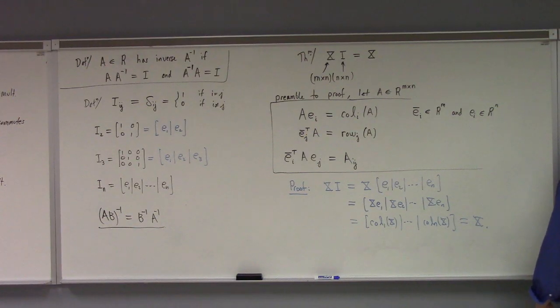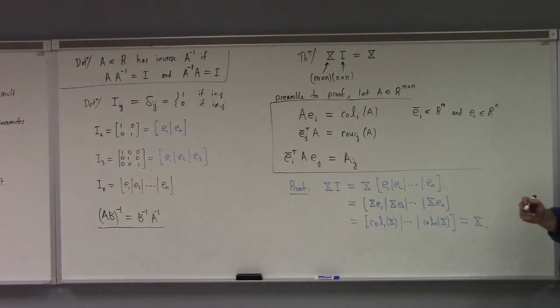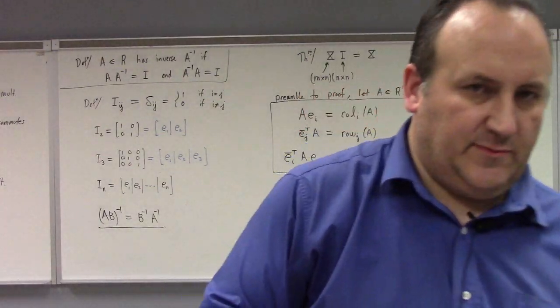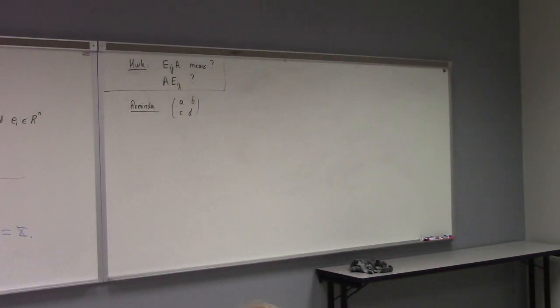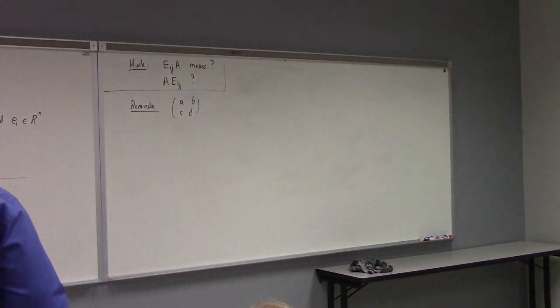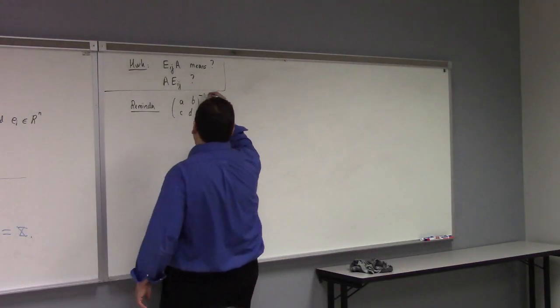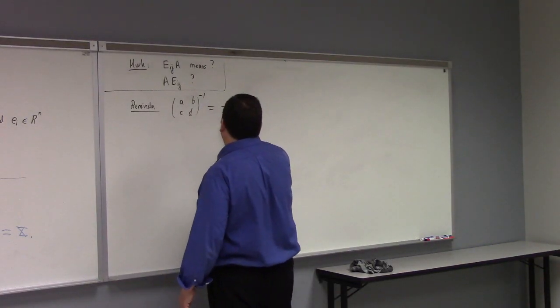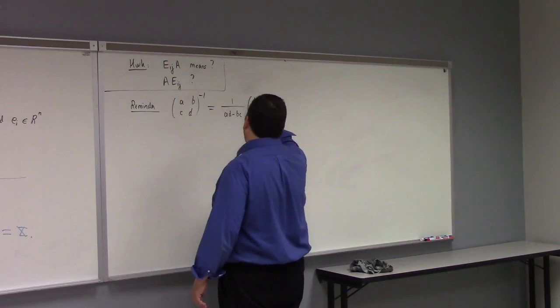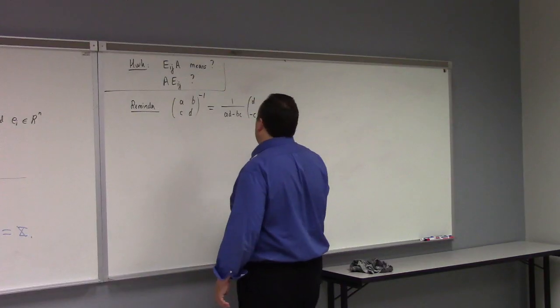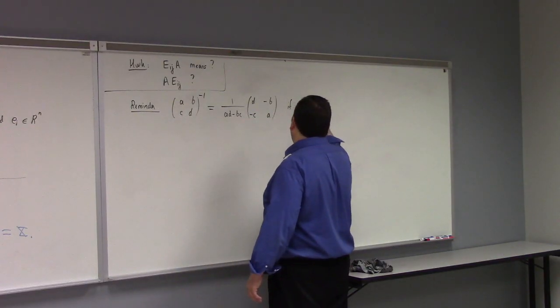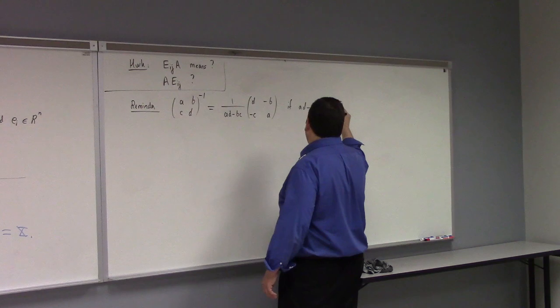Reminder, if we have a 2 by 2 matrix with entries A, B, C, D, the inverse of this, remember, is 1 over AD minus BC times the matrix D, minus B, minus C, A, if AD minus BC is not equal to 0.